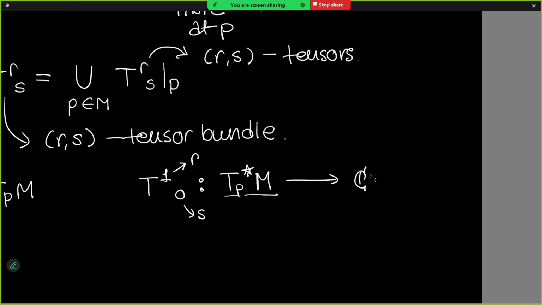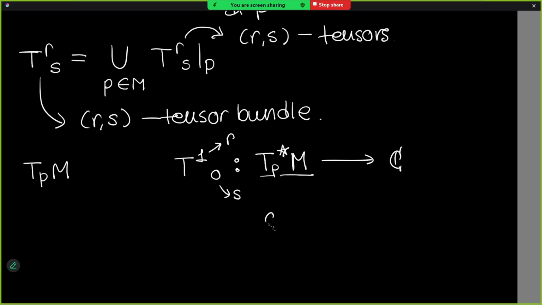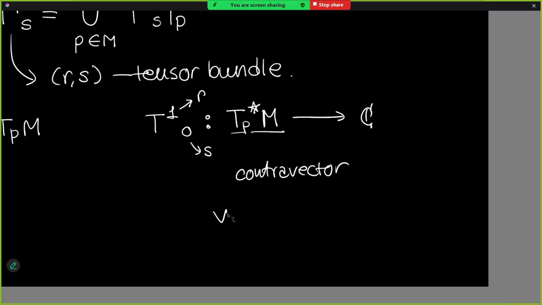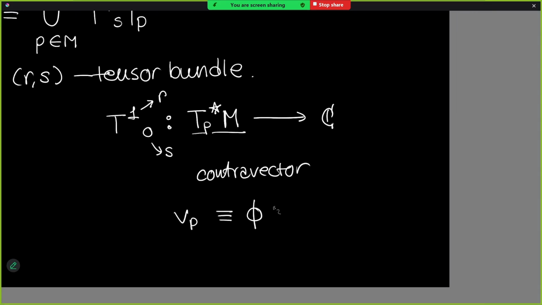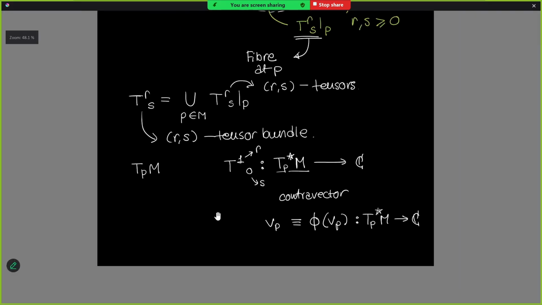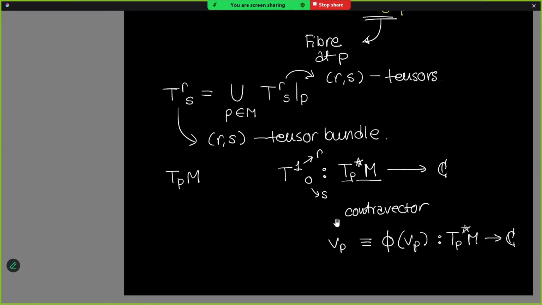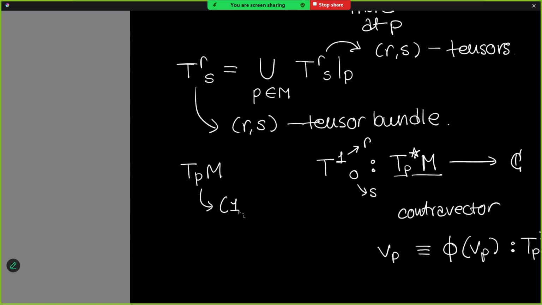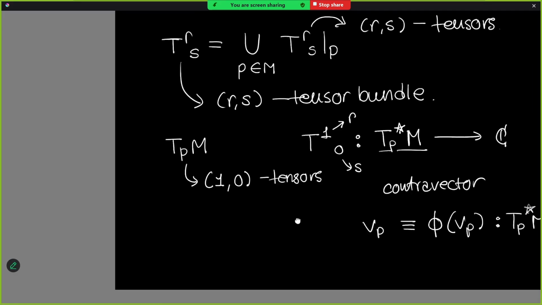So now it's obvious what this is. This is a contravector, right? It's a contravector because VP is equivalent to phi of VP, and this is a map that goes from TP star M to C. So that means that this is the space of 1, 0 tensors.